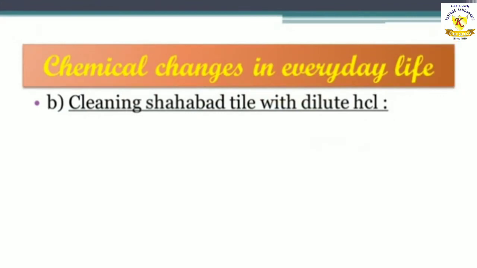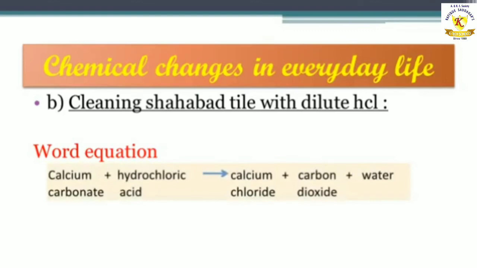Second, cleaning Shahabad tile with dilute HCl. So the word equation for this is calcium. What happens here? See, children, the chemical composition of Shahabad tile is mainly calcium carbonate. During its cleaning with hydrochloric acid, the upper layer of the tile reacts with hydrochloric acid and three products are formed.